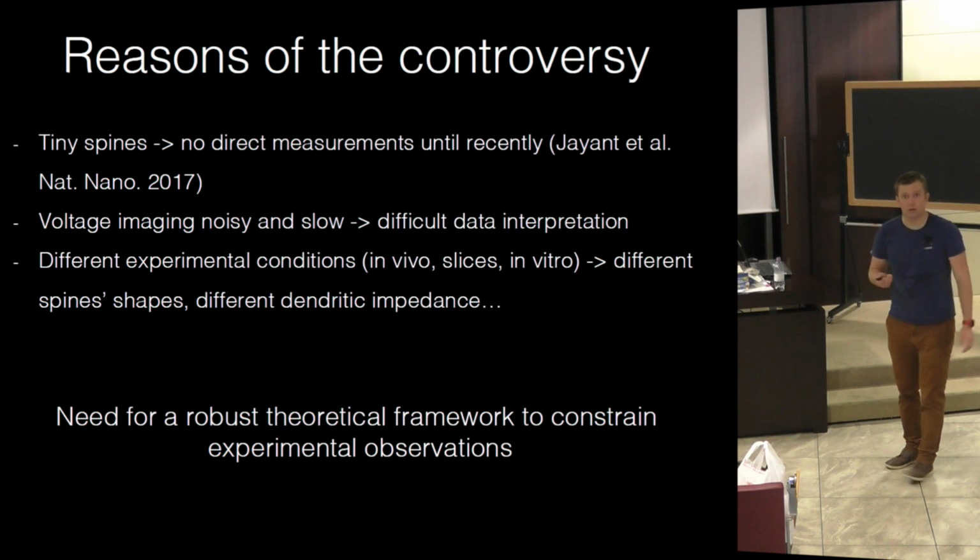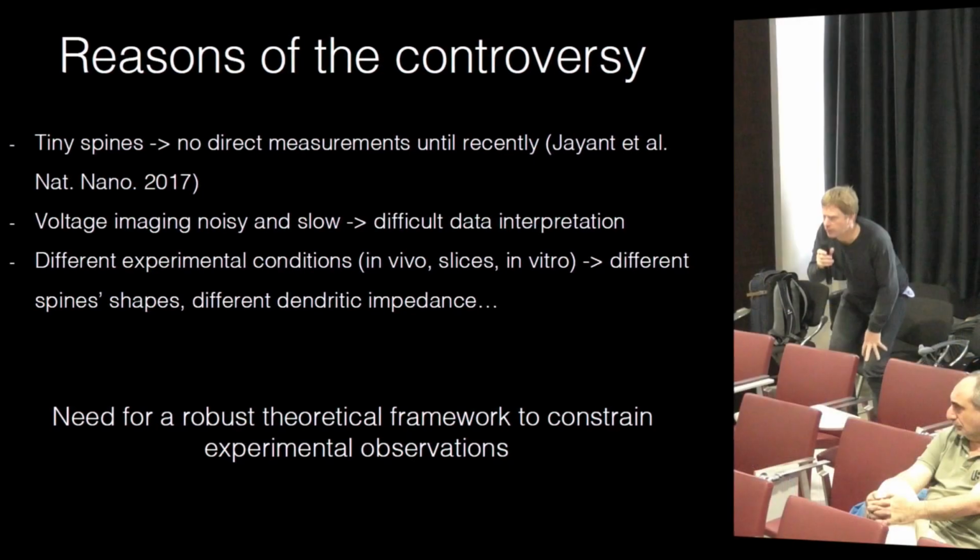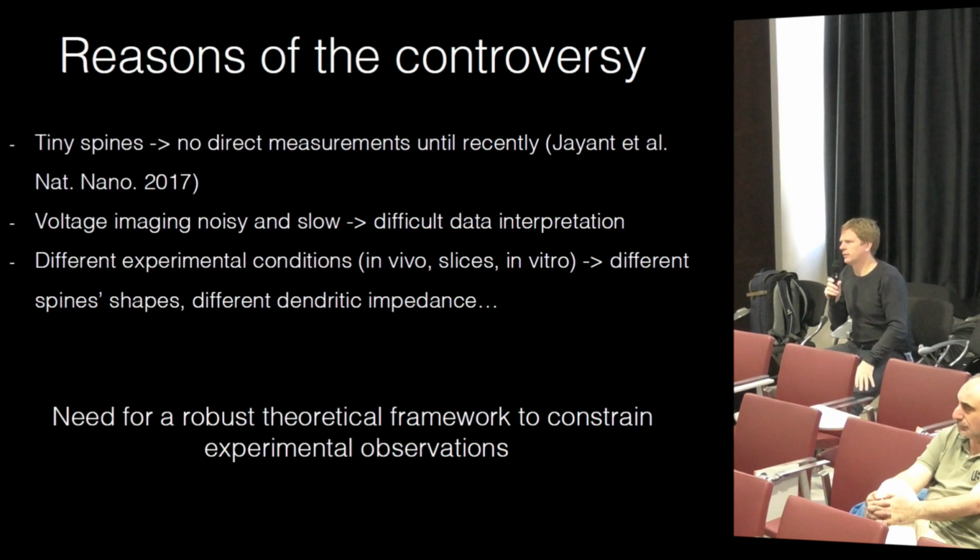I can comment that there is a paper from Thomas Oertner on organotypic slices. As long as you have a kind of long-term culture of these slices, then you have a very heterogeneous neck conductance or neck resistance. And then in acute slices, you have very low neck resistance.